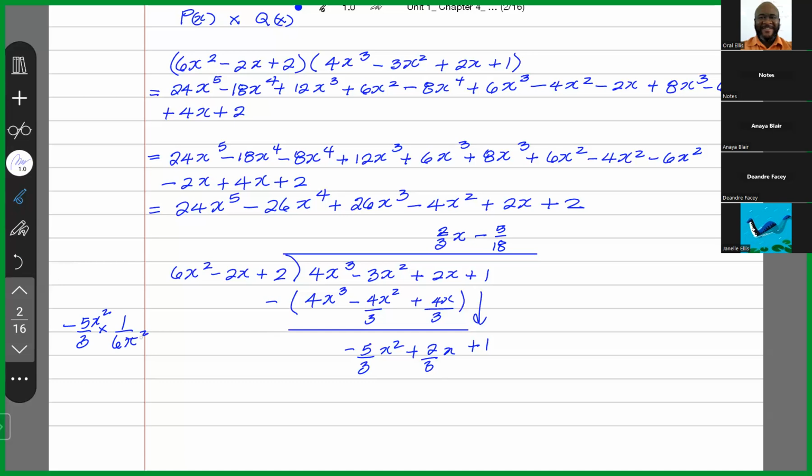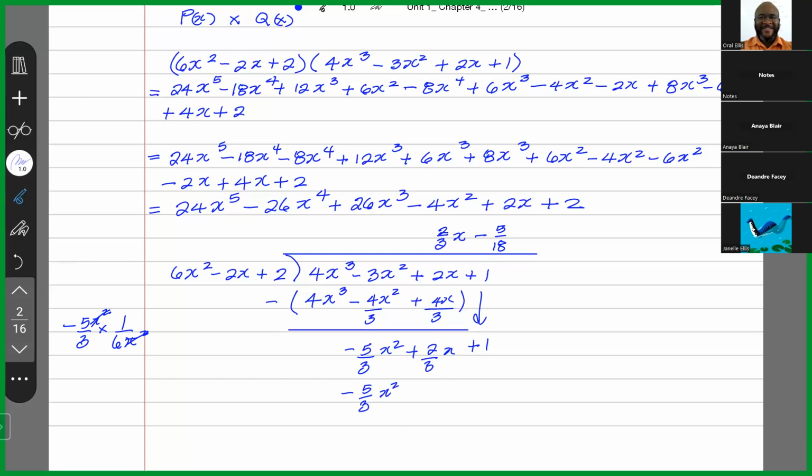The x squareds cancel. And that leaves minus 5 over 18. Then we're going to multiply minus 5 over 18 times 6x squared, which is minus 5 over 3x squared.